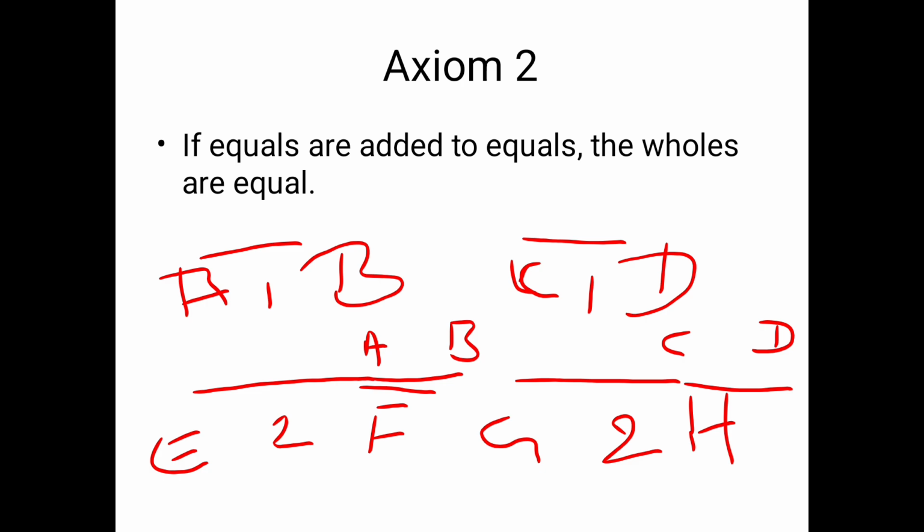Now EB becomes 3 centimeters and GD becomes 3 centimeters. So when equals, that is line segments AB and CD, are added to the equals, that is line segments EF and GH, the wholes are equal. The wholes formed are EB and GD, which are equal. Both are 3 centimeters each.